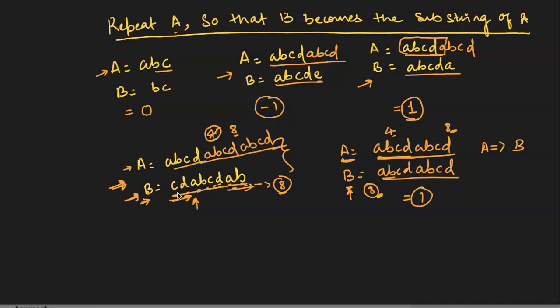Now if we see CDAB, CDAB, we'll find it here, this one, right? Now this is a substring. So here our output is 2. So in the case where string B is rotated, we'll do one extra repetition of A, right?